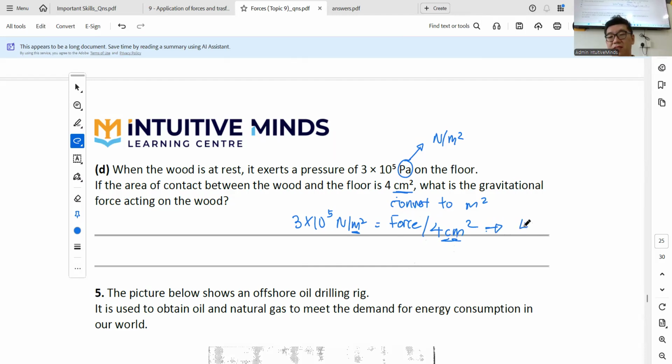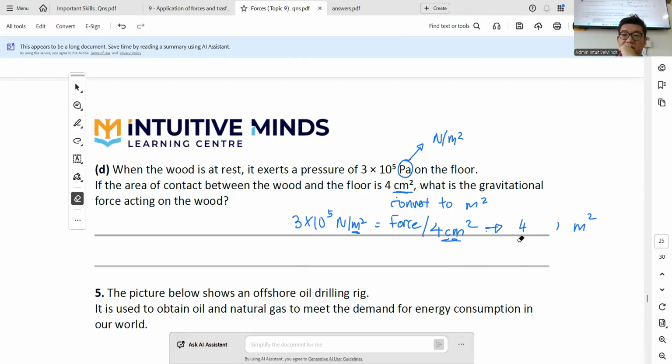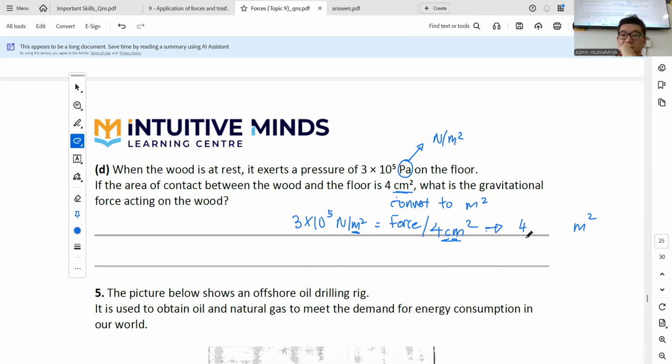4 times 10 to the power what? How do you convert 4 cm square to meter square? Or what should I divide by?